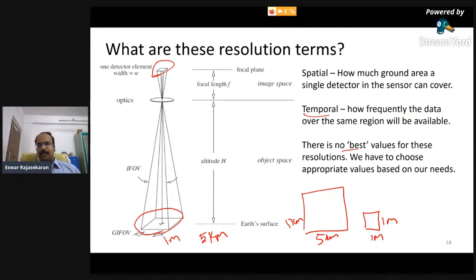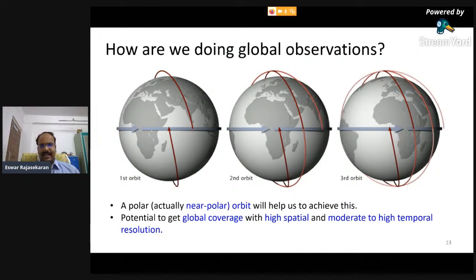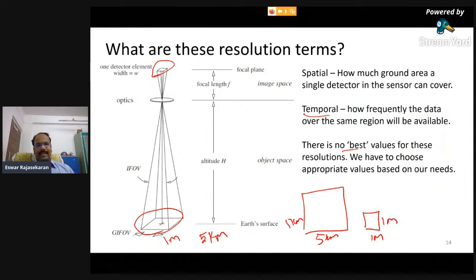On the other hand, polar orbiting satellites, like the example in the previous slide, can get a maximum of one image per day, or one image every 15 or 16 days. So that is temporal resolution. As I said before, there are no predefined values of spatial and temporal resolution for different applications.